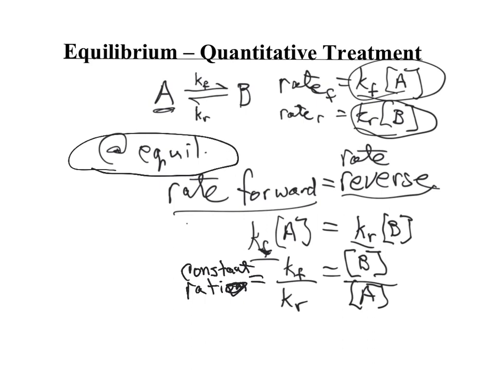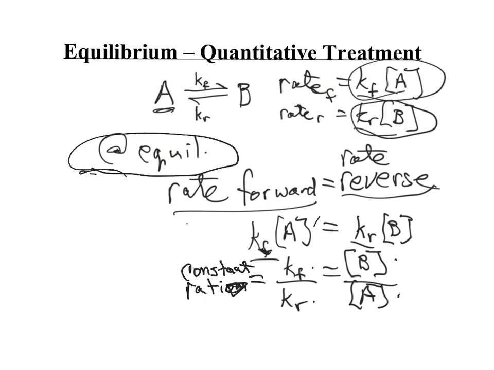So what we learned from this is that at a given equilibrium, the ratio of the products divided by the reactants is fixed. It's constant. It doesn't change. It must be maintained, just like the ratio of rate constants is constant, because you have a ratio of constants. Nothing's going to change.